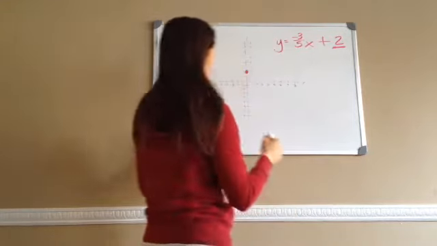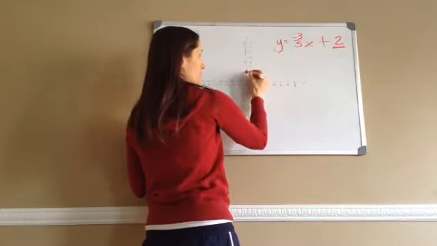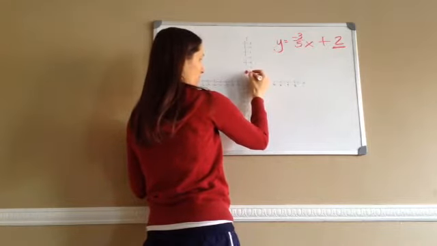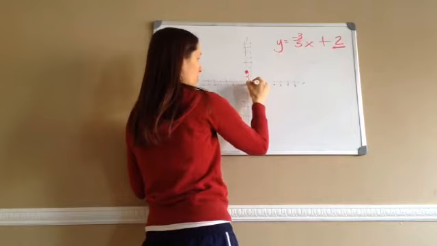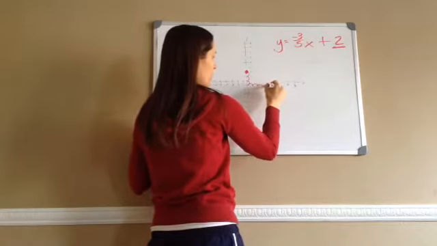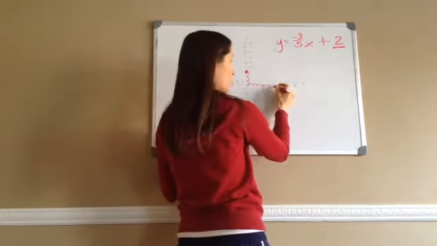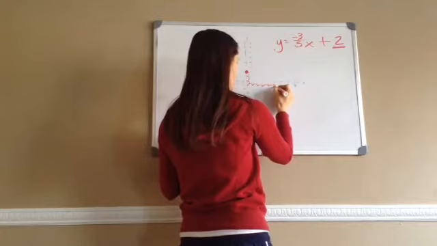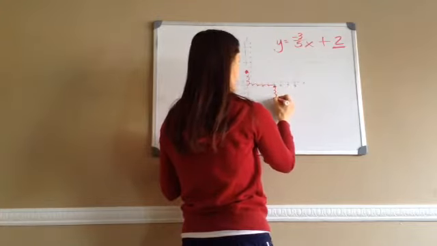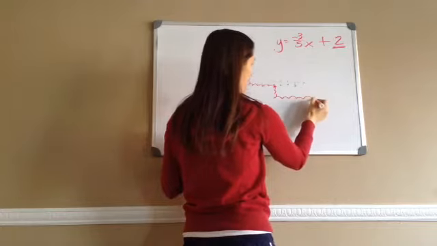Okay? So, watch what happens. I'm going to go down 3, falling 3: 1, 2, 3, and over 5: 1, 2, 3, 4, 5. So, I'm going to put a dot. And I'm going to start from this one. I'm going to go down 3, 1, 2, 3, and over 5, 1, 2, 3, 4, 5.